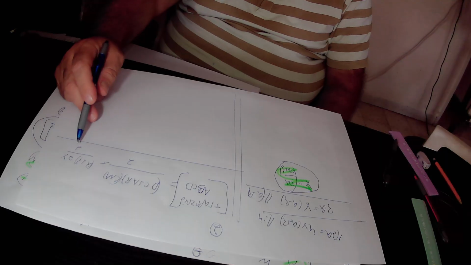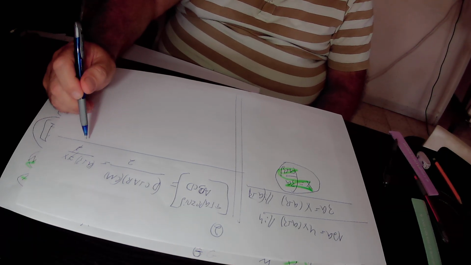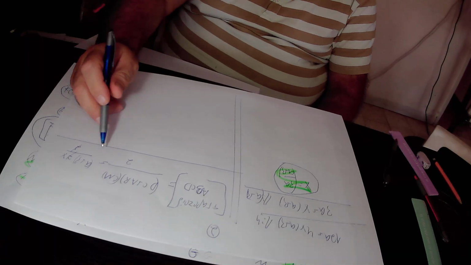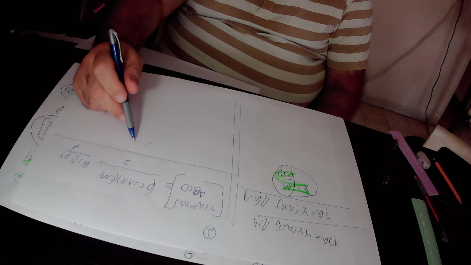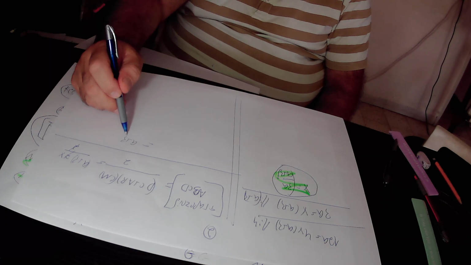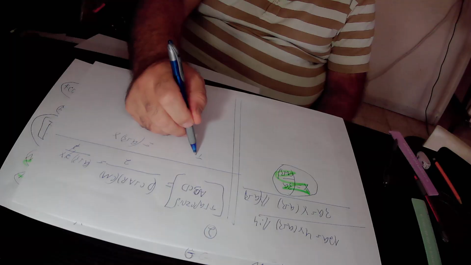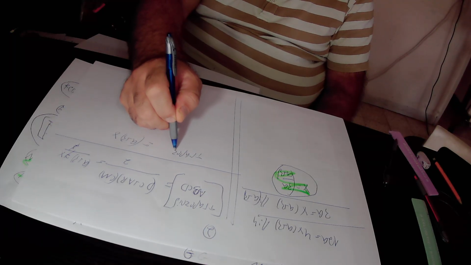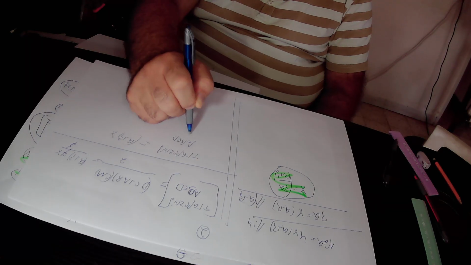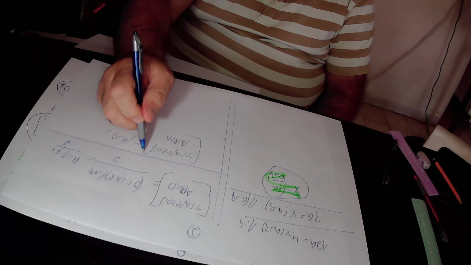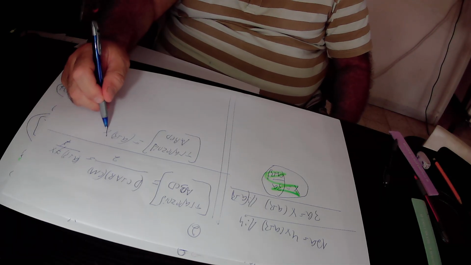We have 2 in the numerator and 2 in the denominator, so the 2s cancel. This expression equals a plus 3 times x. So the area of trapezoid ABCD is a plus 3 times x square units in size.